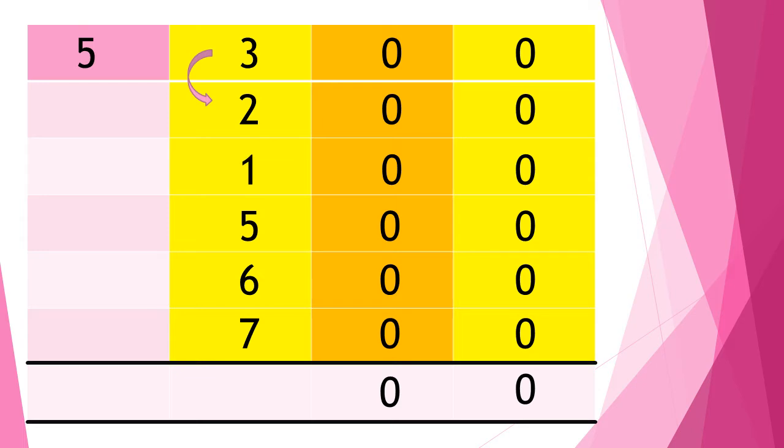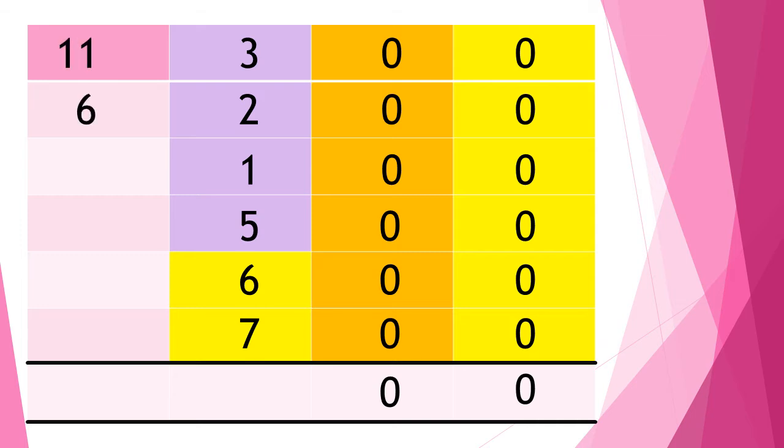In 5, we will add 1. We get 6. In 6, if we add 5, what will we get? We get 11. In 11, we will add the next digit, that is 6.